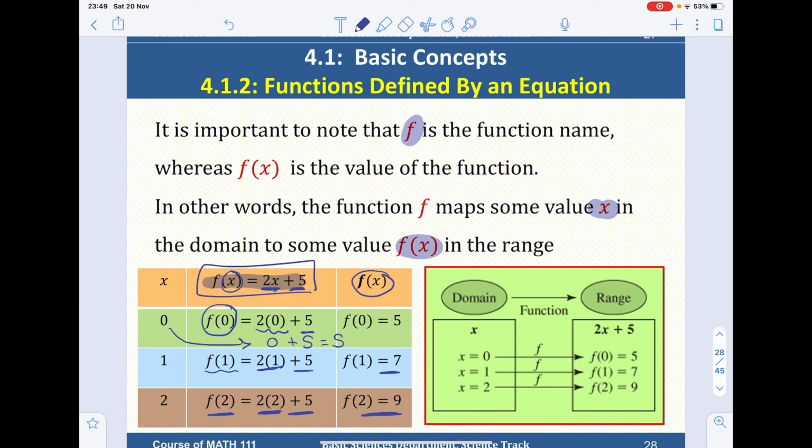Now we can draw that in mapping form. This is the domain, the values of x, which are 0, 1, and 2. And in the range, we have the values of f of x, which are 5, 7, and 9. So we can write those numbers over here.